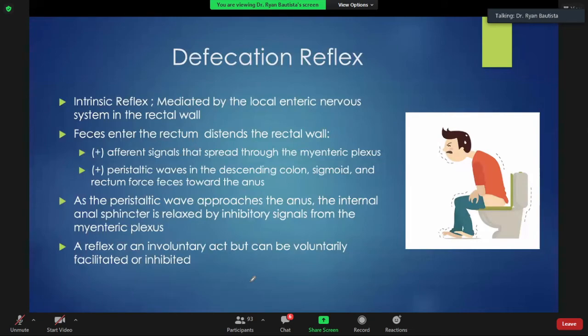As the peristaltic wave approaches the anus, the internal anal sphincter is relaxed by inhibitory signals from the myenteric plexus. So it's about to go out. A reflex or involuntary act can be voluntarily facilitated or inhibited by you.